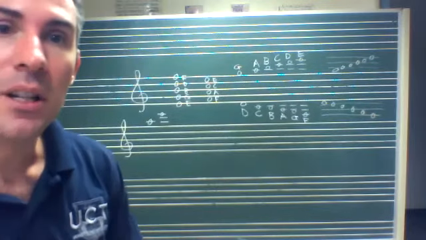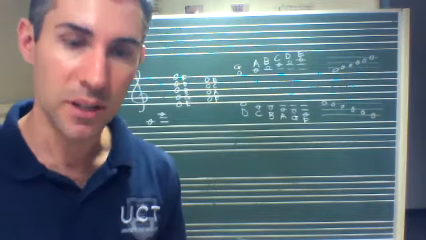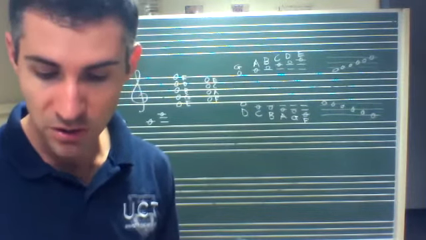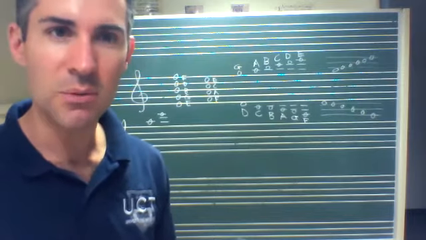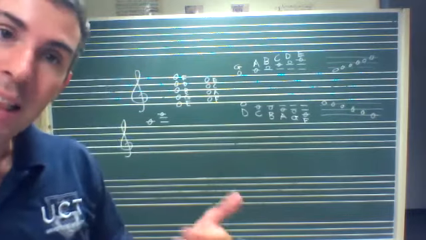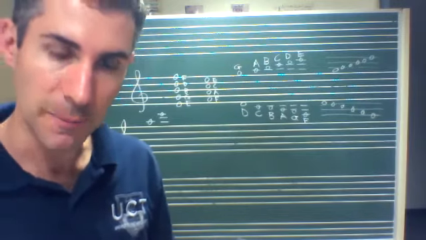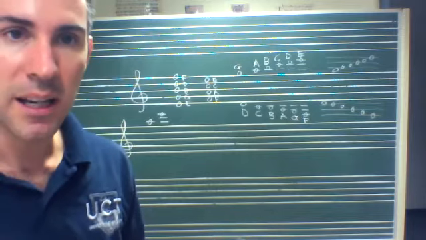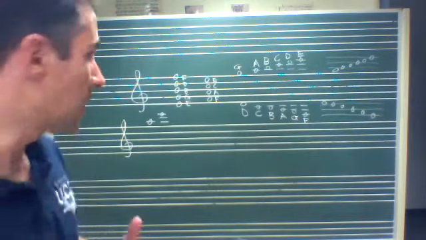All right, so now we are going to attempt, if you've got your worksheet 9 in front of you, we're going to do not the first question because that one was quite simple and most of you got that all correct. We're going to look at the one at the bottom of page 73. So we're looking at the one that says, write these notes as minims on the treble clef. So let's do that.